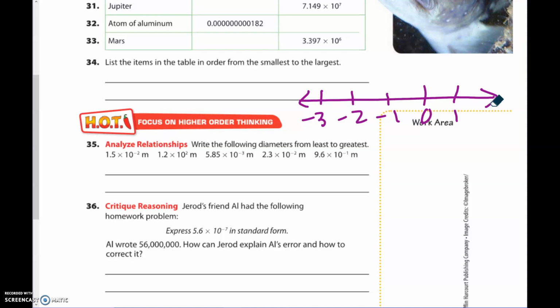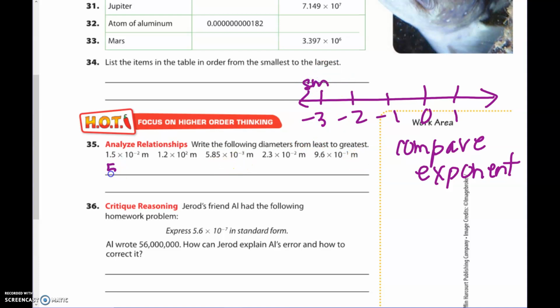So we are going to compare exponents. The smaller the exponent, the smaller the number is. So what do we have? A -2, a +2, negative 3, negative 2, negative 1. Negative 3 is the smallest one that I set up here.